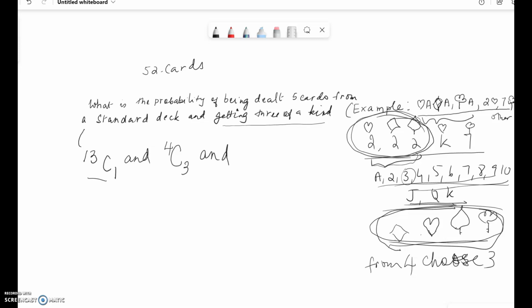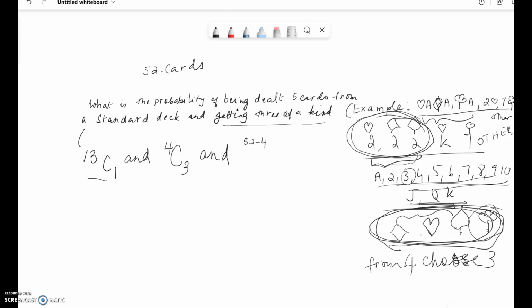And now we need 2 other cards, right? It cannot be the one that we picked. Okay, so out of the 52 cards, now we have to get rid of the 4 cards, right? Even though we picked 3 of these, it cannot be the 4th one.